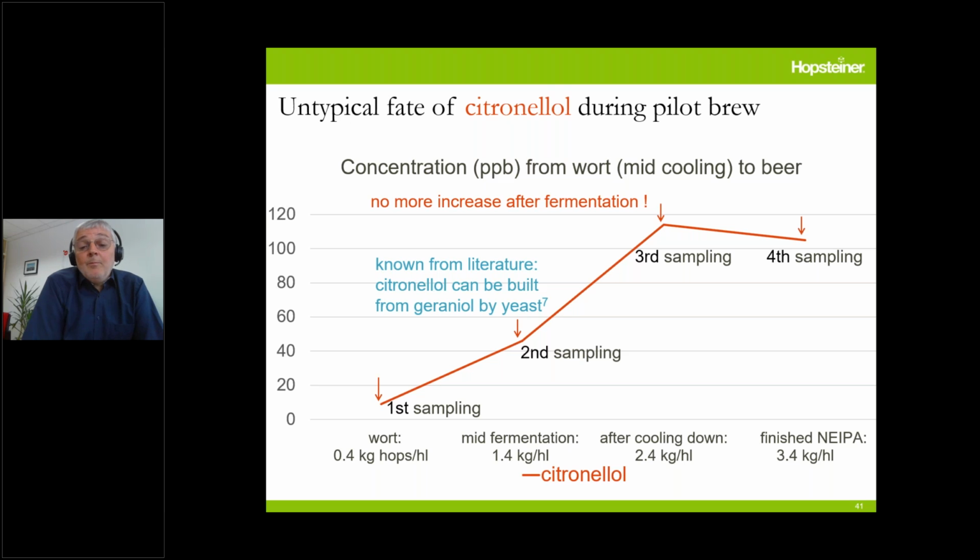And the last hop dosage after cooling down could not result in any increase of citronellol in the end. And we had selected this variety Sultana because it's very rich in geraniol. And so it gave us a very clear information on the fate of citronellol, and we could very nicely confirm what is known from literature here.